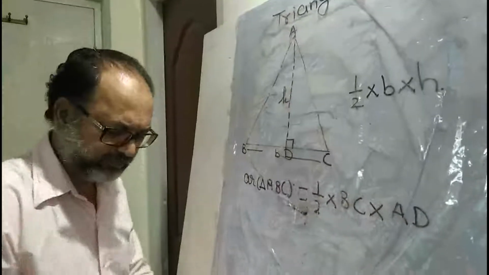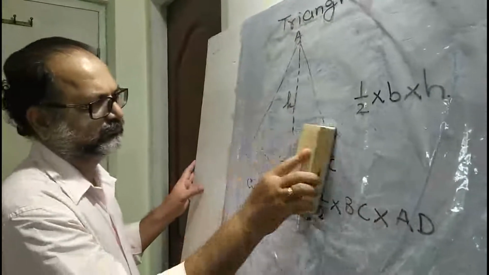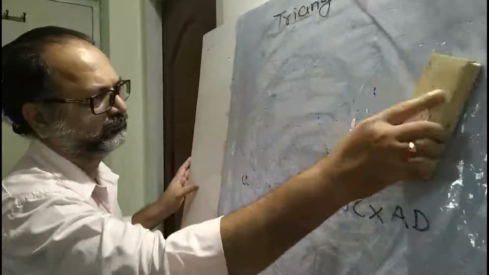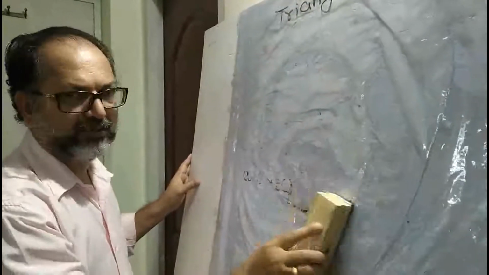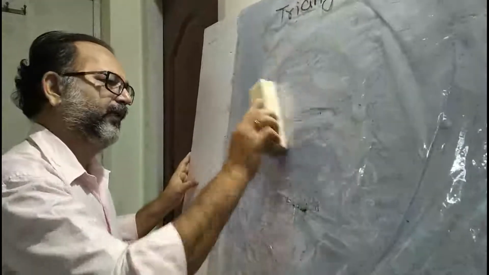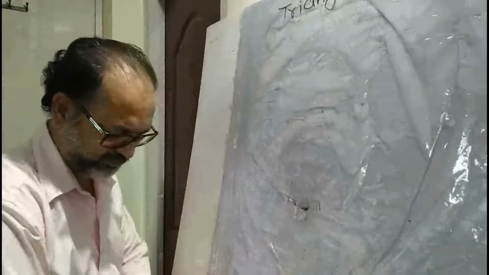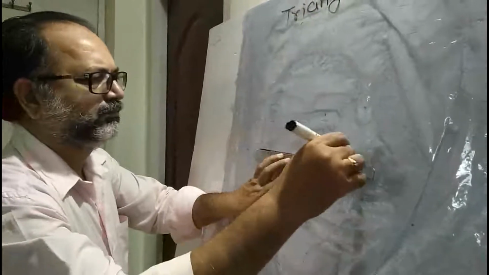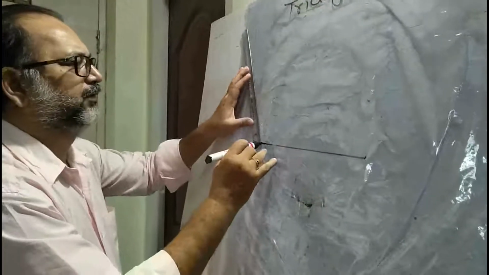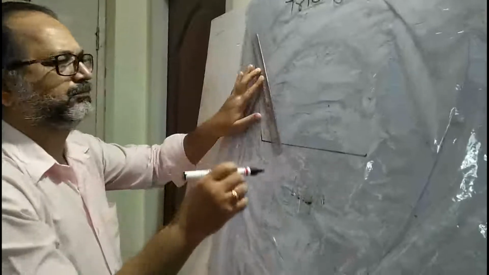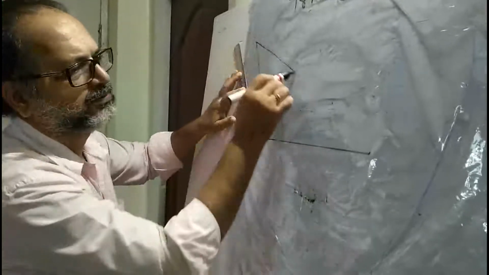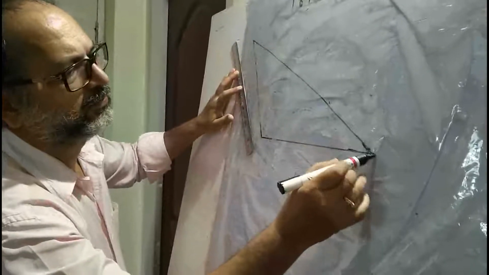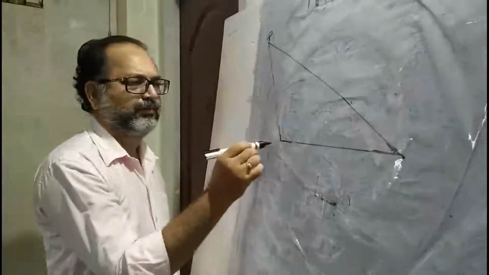Let me take one more type of triangle, an obtuse angle triangle, where one of the angles is an obtuse angle. Say this is one triangle, and let us say this is triangle PQR.